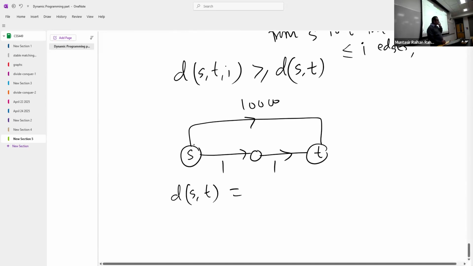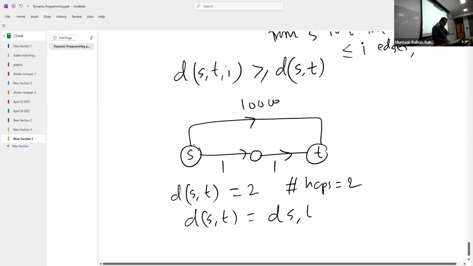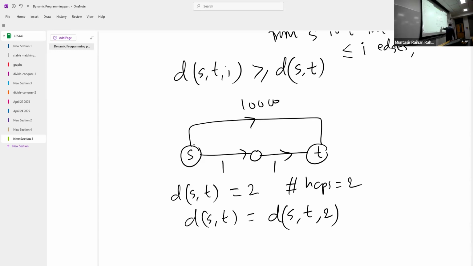Length 2, right? And what is the number of hops? It's 2 hops. So d(s,t) is the same as d(s,t,2), because d(s,t,2) means the shortest path distance from S to T using less than or equal to 2 hops, and that is correct for this path.